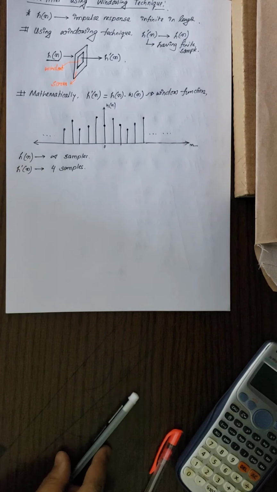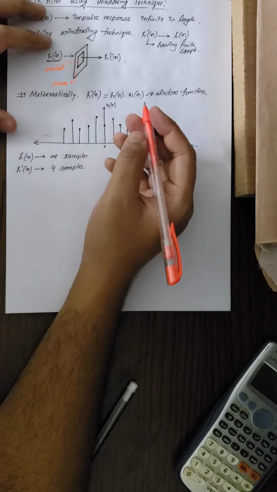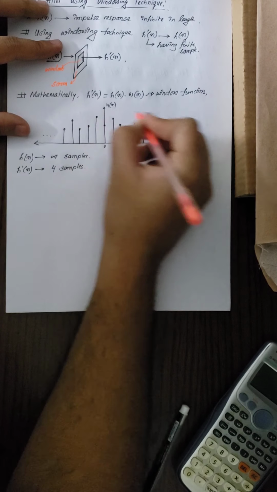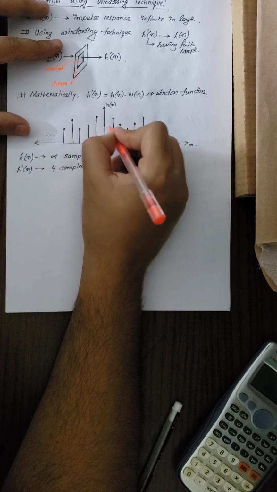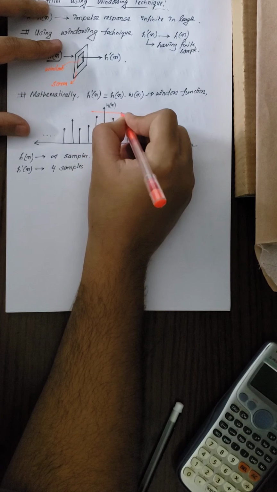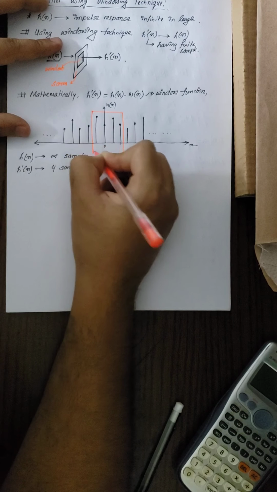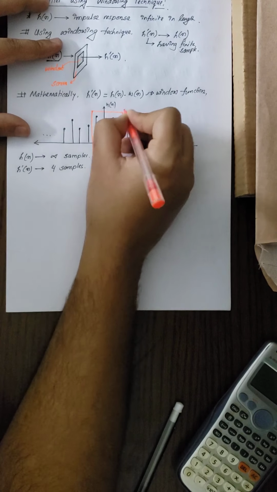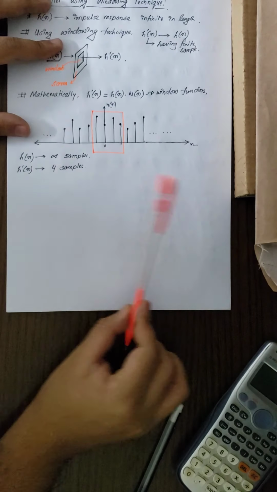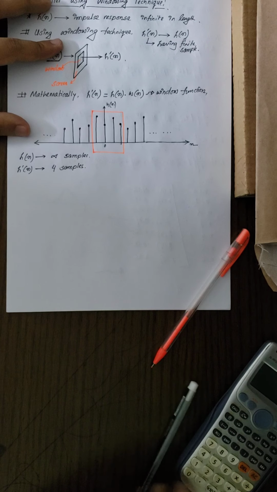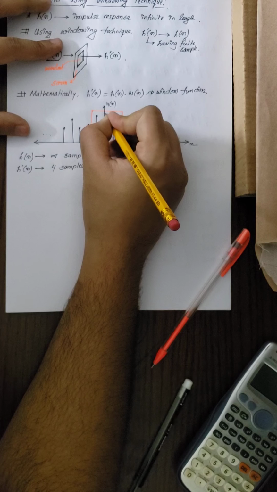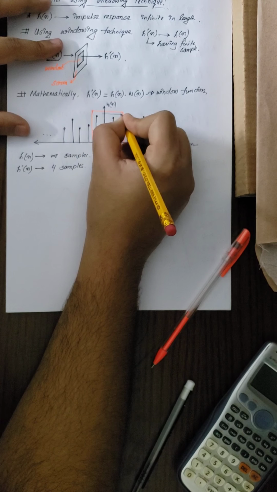Now we can take 4 samples in different ways. Say we can take any 4 samples, so 1, 2, 3, 4. We may take these 4 samples through the window. This is our window. Otherwise, we can also take 4 samples from here as well.